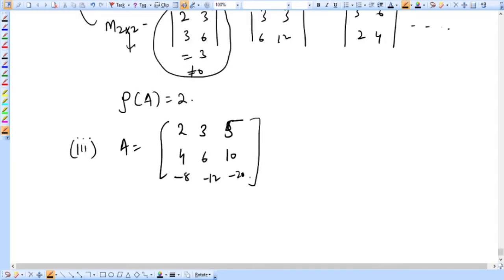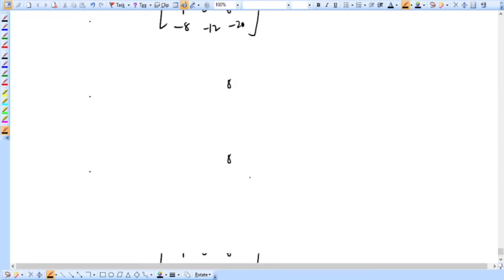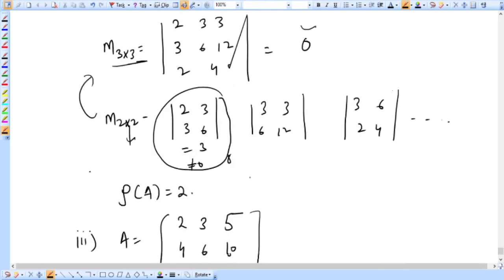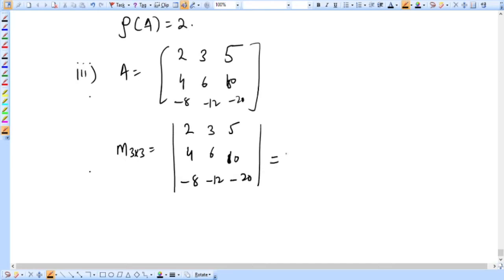Okay, so see here, the minor of order 3 by 3 is equal to the determinant 2 3 5, 4 6 10, minus 8 minus 12 minus 20, which is equal to 0.